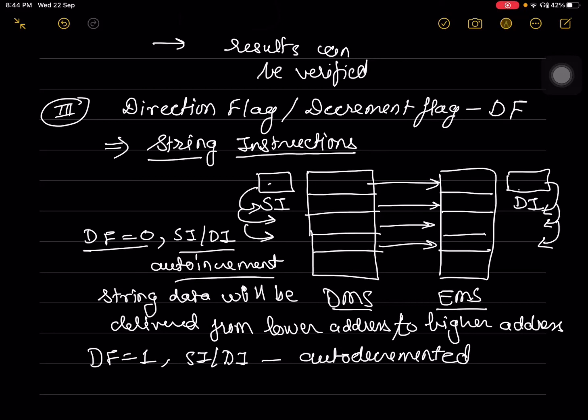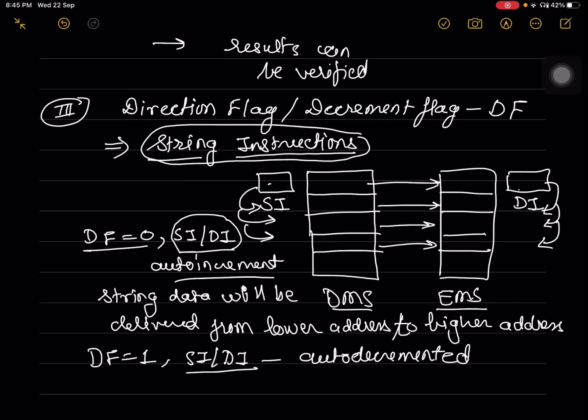So this way the direction flag is used particularly in string instructions to auto increment and decrement the SI and DI registers for the data memory segment and extra memory segment respectively. If the direction flag is 0, then SI and DI will be auto incremented, and if the direction flag is 1, then SI and DI will be auto decremented.